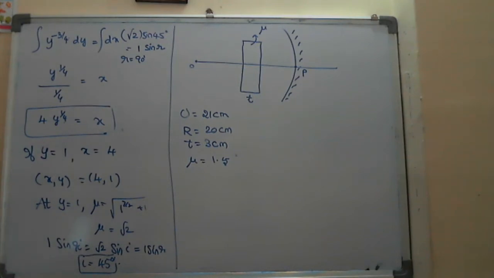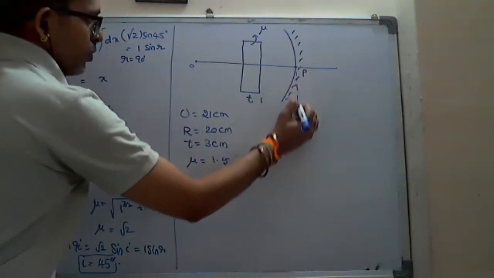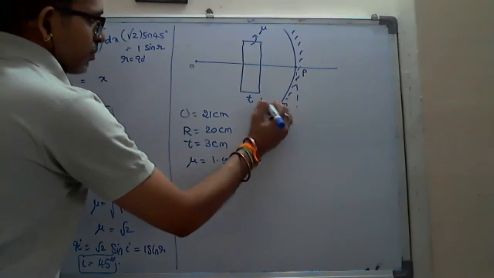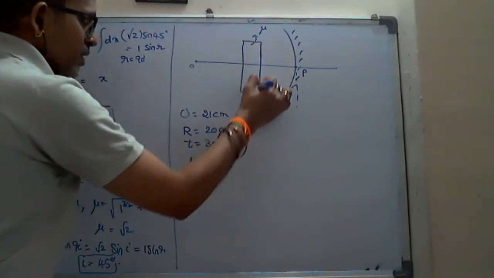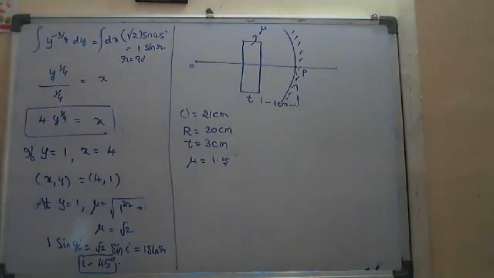The nearer surface of the glass slab from the mirror is at a distance of 1 centimeter. So finally, the question is: find the position of the final image formed.